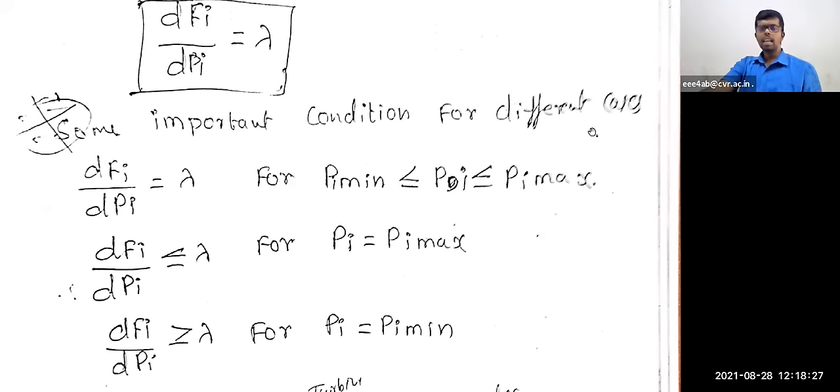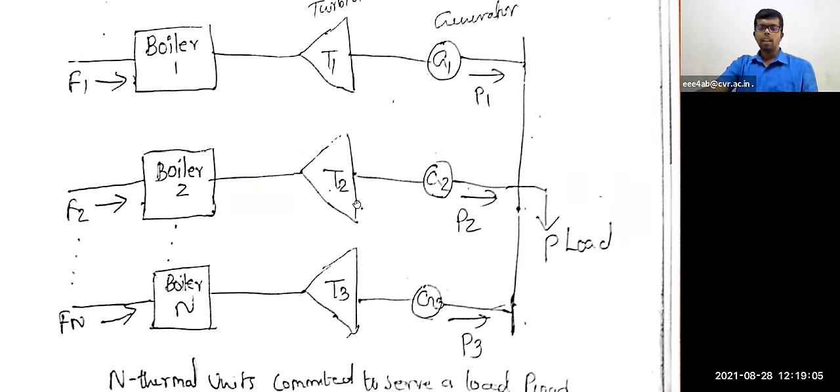So these are some important conditions that we attain. This is the change in the fuel cost with respect to the power load dispatch of n thermal generating units to serve the load. If you see this figure, this is the economic load dispatch of n thermal generating units committed to serve the load.